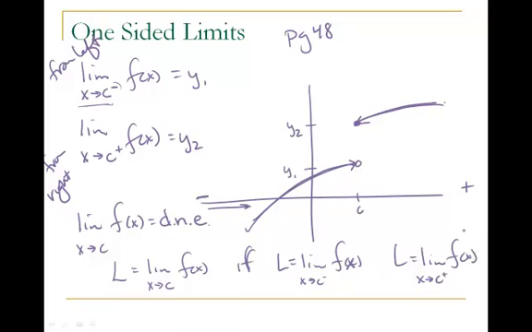So in other words, if the left-hand limit and the right-hand limit are the same, then we can say that the function has a limit as well. Please pause and look at example number 2 on page 49.